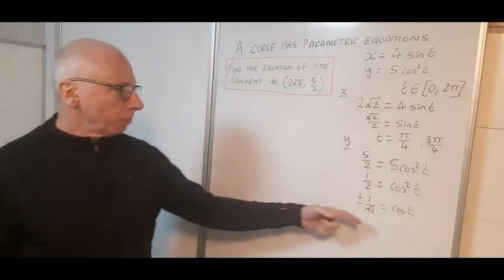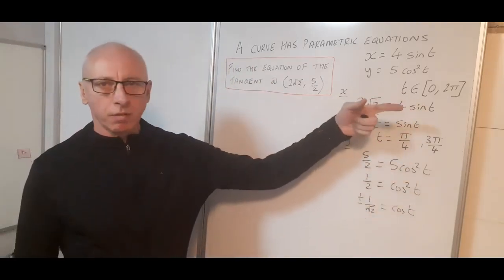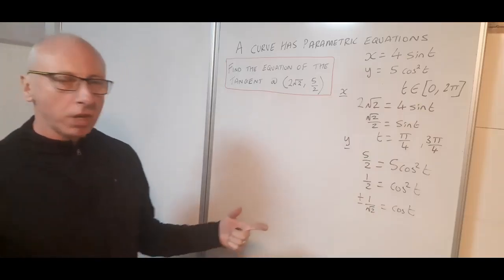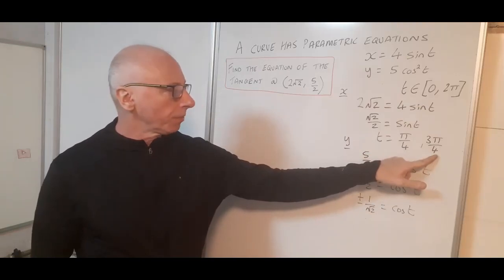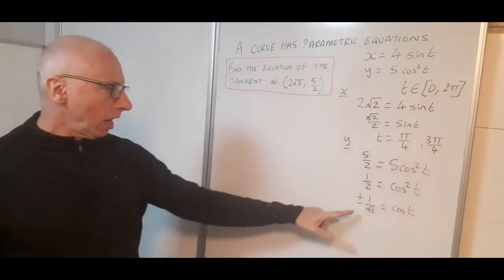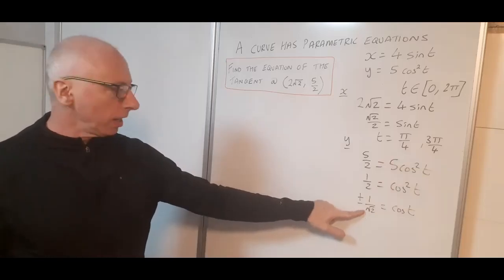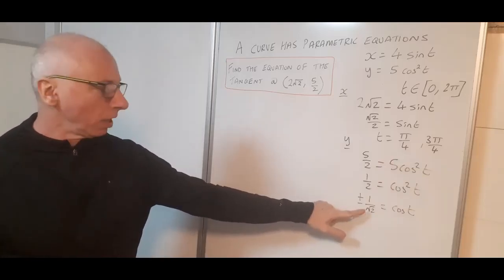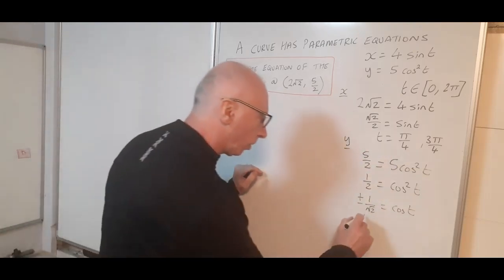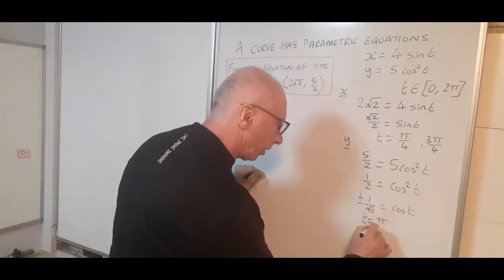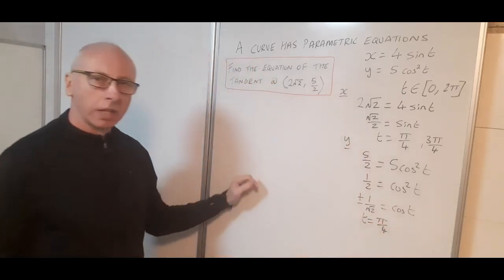So this is going to give me 4 solutions from 0 to 2 pi. But what I really want is to see if there's any that will match with these 2. So here I will see if I've got cosine t equals 1 over root 2. That's the positive version. I could have t equals pi over 4. So there's one solution.